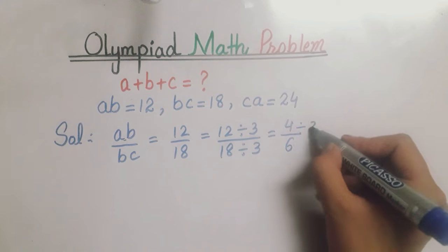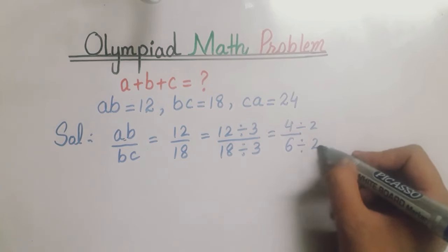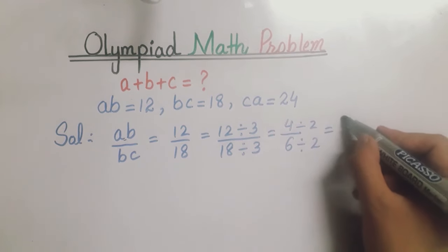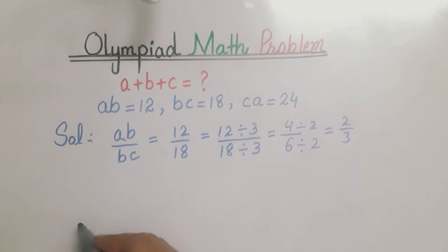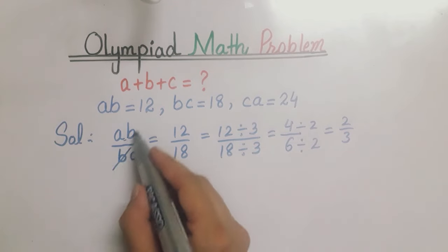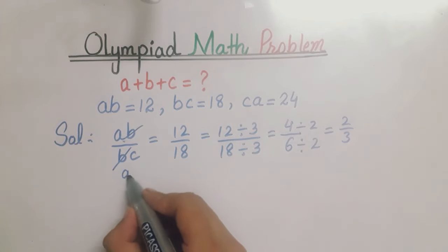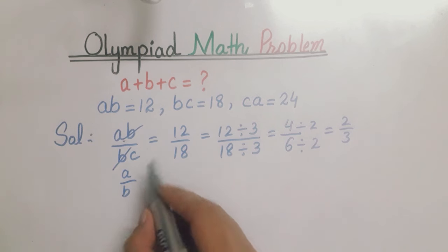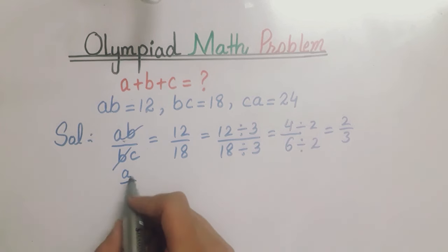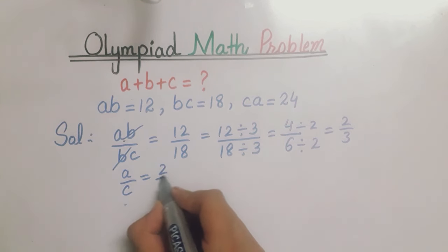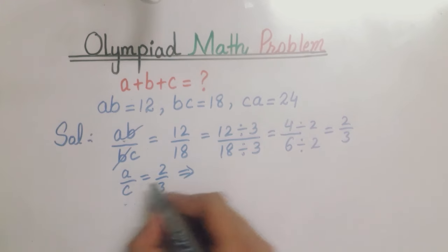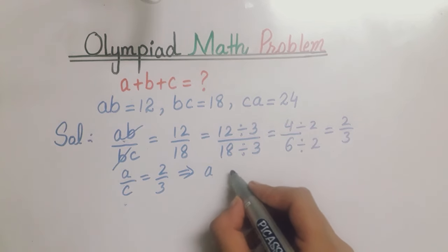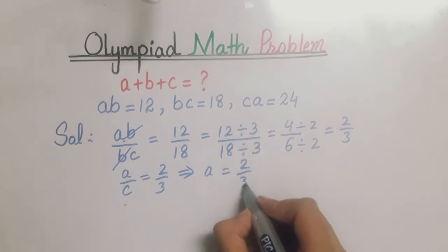Now 4 is divided by 2 and 6 is also divided by 2, so we get 2 over 3. So this is the simplest form. And here B and B are cancelled out. We get A by C equals 2 by 3. Now to find the value of A, we will write 2 by 3 C.